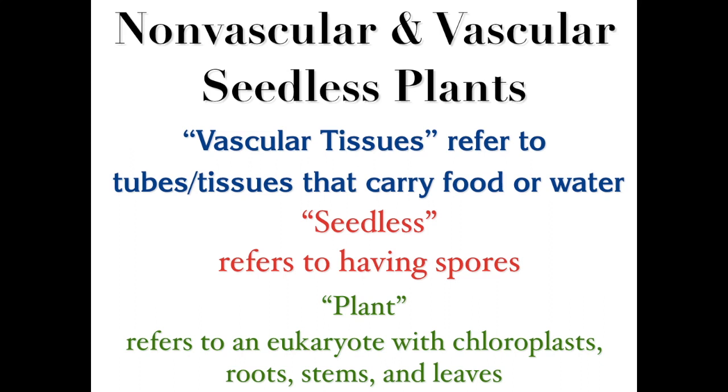So this is for tall plants, trying to get the water from the roots or the root-like structures up to the tip of the tall plant. Now remember, plants are eukaryotes. They have membrane-bound organelles, and specifically they are classified as having chloroplasts, along with roots, stems, and leaves.